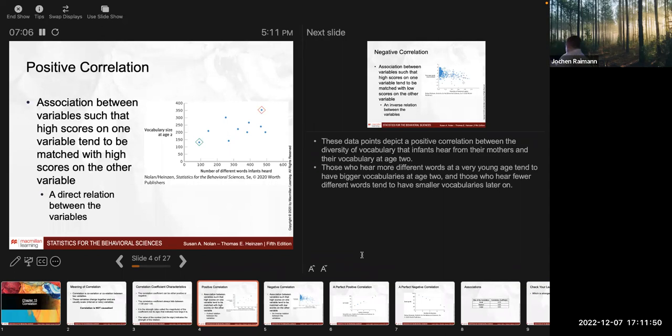So that's basically how you look at this. Again, the scatter plot, remember from chapter 4, the graphic display of data. Each individual point in that scatter is one toddler. So that toddler associates with a vocabulary size of somewhere 130, 140, and the words he or she heard was somewhere around 90.